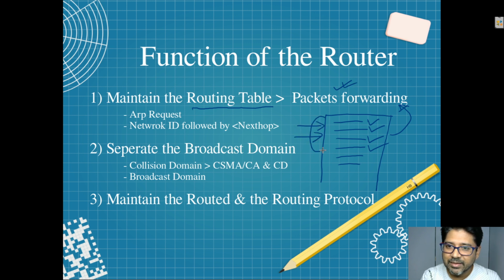ingress interface, and egress, they proceed with those routes and start forwarding on the basis of the best route installed in the routing table. They will do packet forwarding. Each packet is going to be forwarded as per the route installed in the routing table.